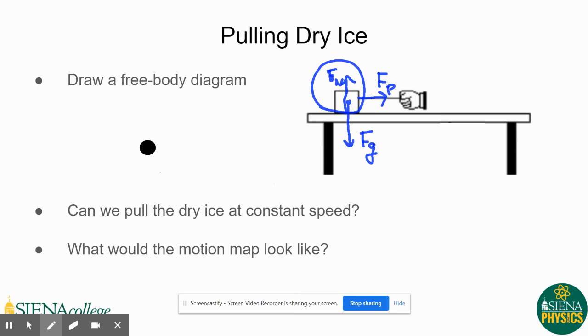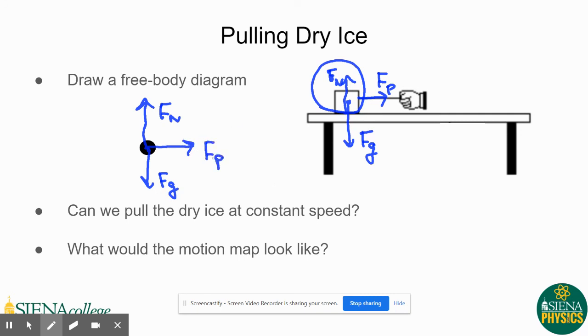And so now I can translate that to my free body diagram. So I'm going to have the force of the normal, my force of gravity. These are balanced. And since it's dry ice, I know there's no friction, but there is the pull. So I'm going to have the force of the pull this way.